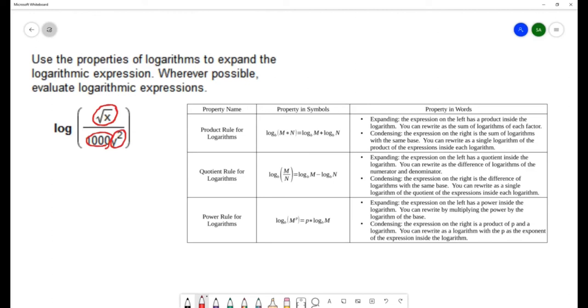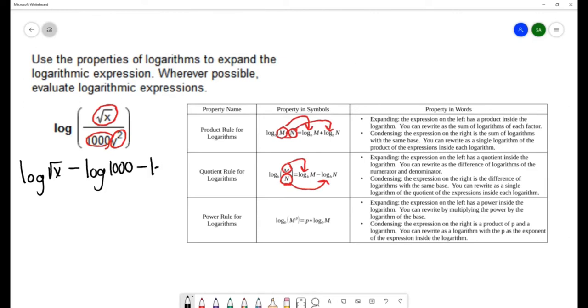So because of these product and quotient rules, each one of the factors will get its own logarithm. Each factor from the numerator gets its own log, and each factor from the denominator gets its own log. So I'm going to be able to write this as log square root x minus log of 1000 minus log of y squared.